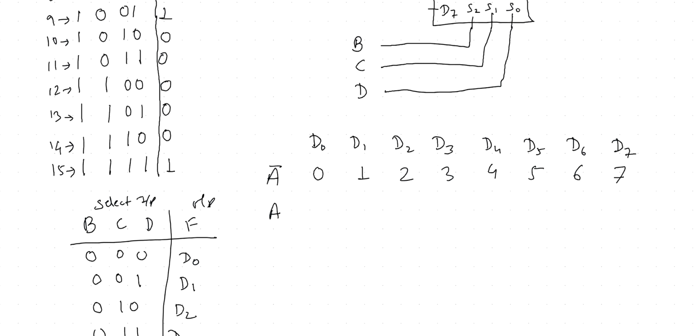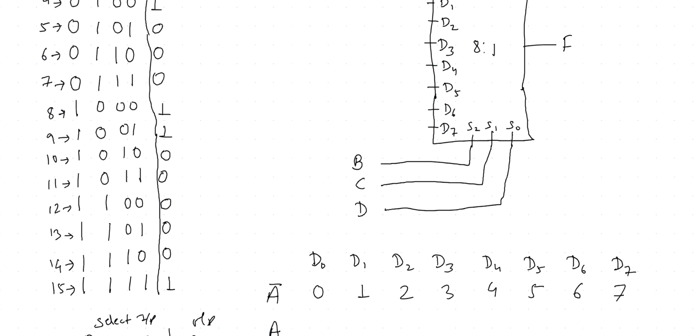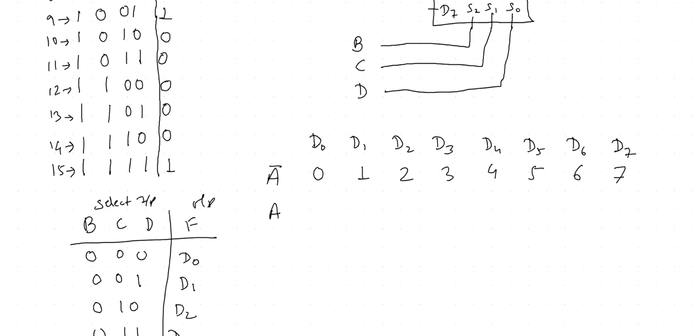And from 8 to 15, A value is 1. That is A. After 7, 8, 9, 10, 11, 12, then 13. After that 14 and then 15. So on this point, the value of A is 1, that is A.